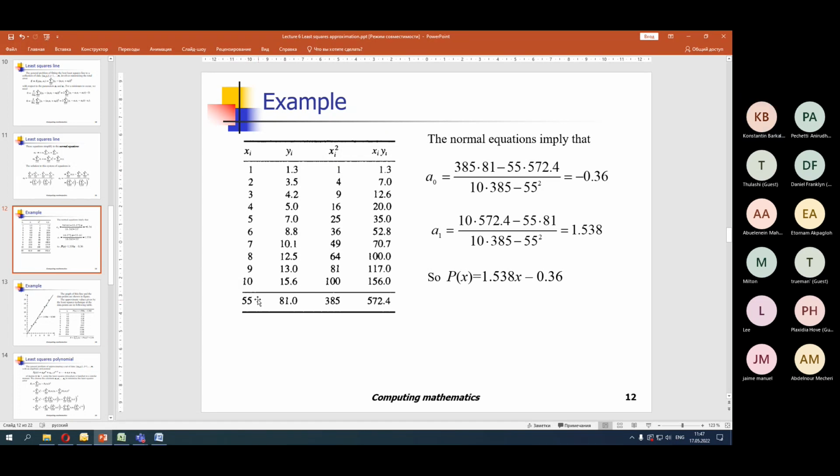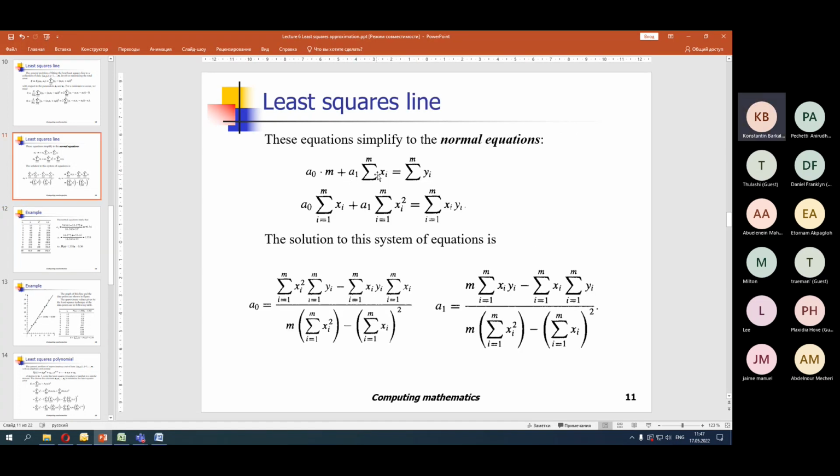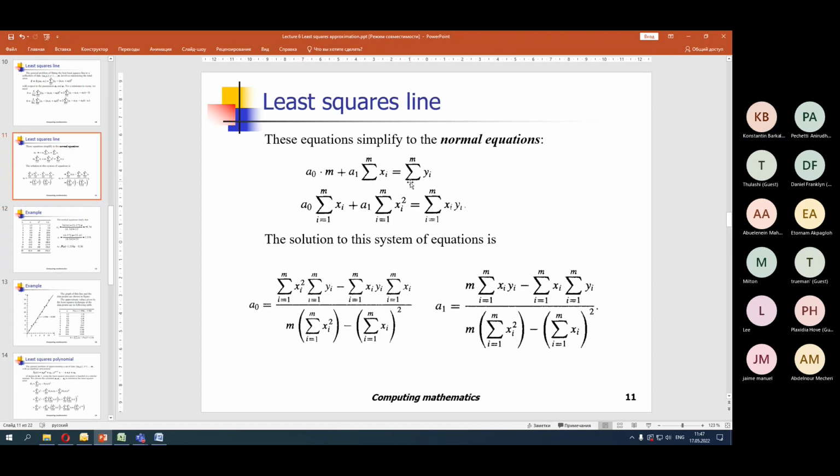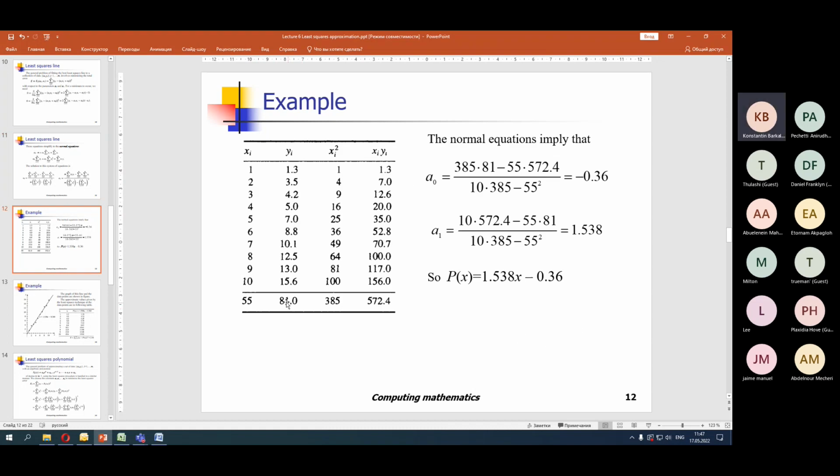Then I should know the sum of x's, the sum of y, the sum of x squared. This column corresponds to x squared. This is the sum of x squared and the sum of the products xi times yi.